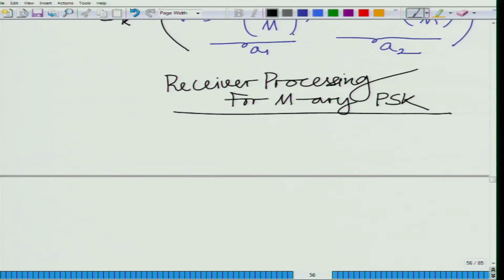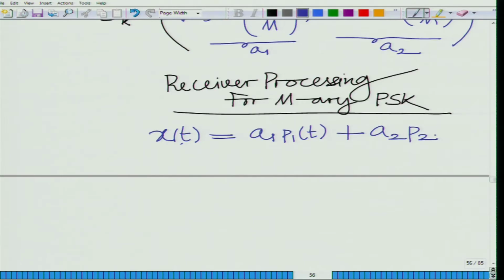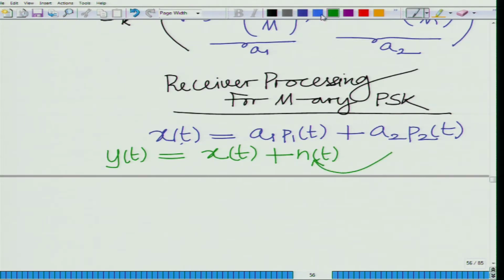We want to see the receiver processing for M-ary PSK. We have x(t) equals A1 P1(t) plus A2 P2(t). Obviously, the received signal, again we have seen this several times before, we are considering an AWGN channel. So, this is x(t) plus n(t), where n(t) is additive white Gaussian noise.